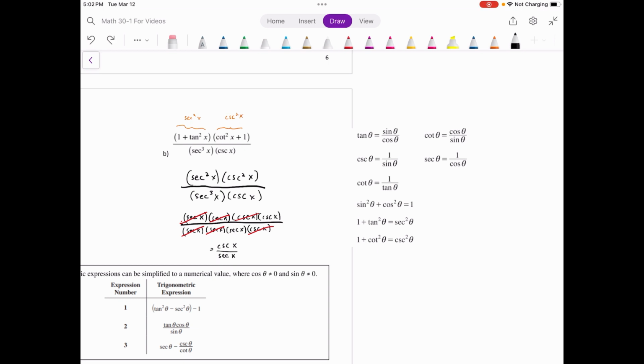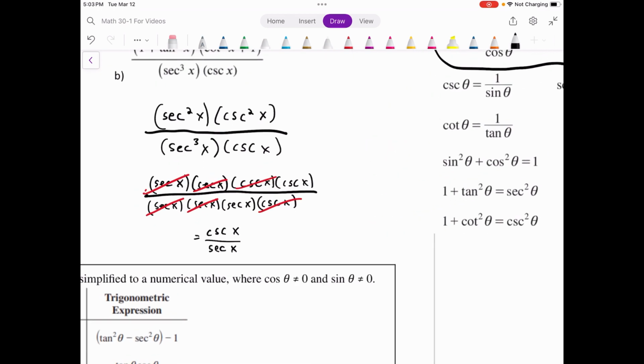Since most of those identities, especially the quotient identities, are written in terms of sine and cos, this is where it's a good idea to rewrite this in terms of sine and cos and see if we can simplify it using our quotient identities possibly. So cosecant of x is just 1 over sine, and secant x is just 1 over cos.